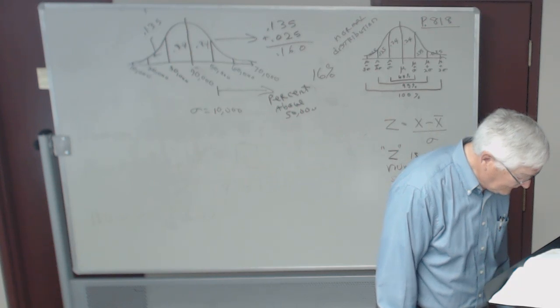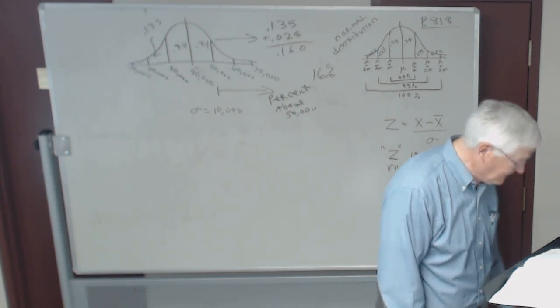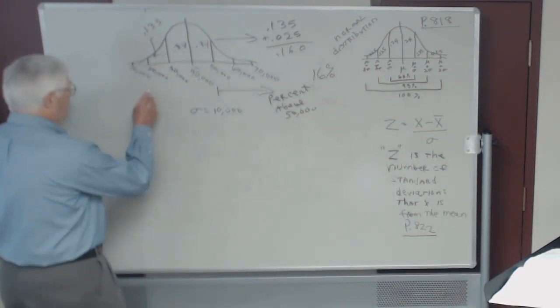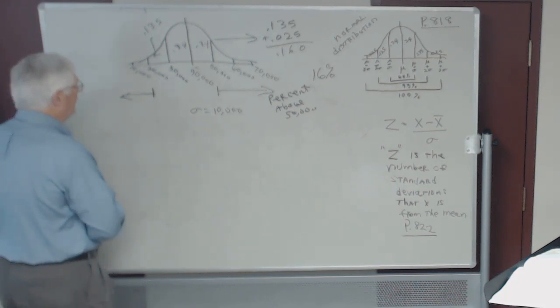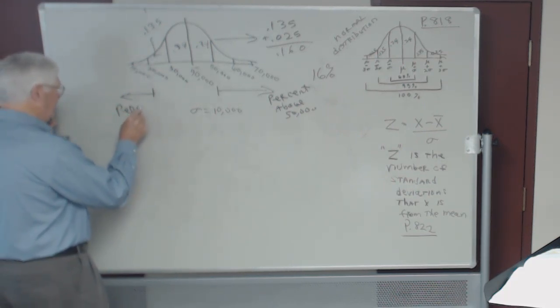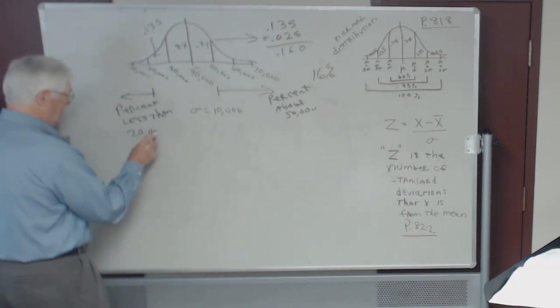Okay. Question B, what percent of the lawyers would you estimate have an annual income of less than $20,000? Okay, so now it says less than $20,000. So now we're going this way. And it says percent less than 20,000.